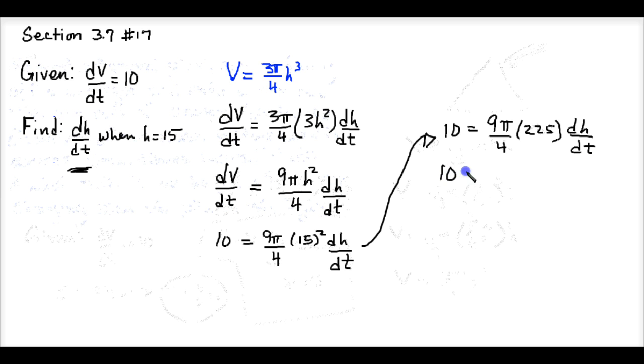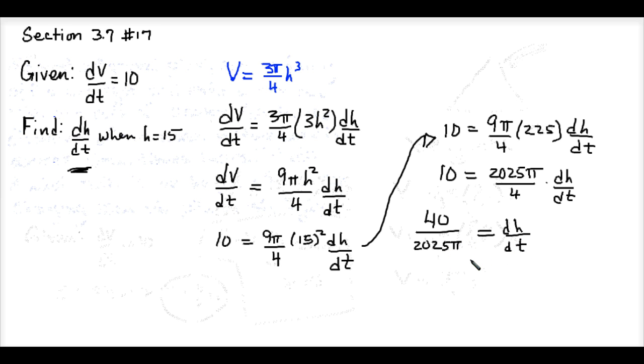So 10 is equal to 2025 pi over 4 times dh over dt. Multiply both sides by the reciprocal of 2025 pi over 4. We end up with 40 over 2025 pi equals dh over dt.